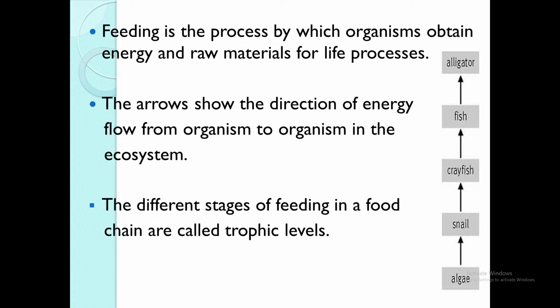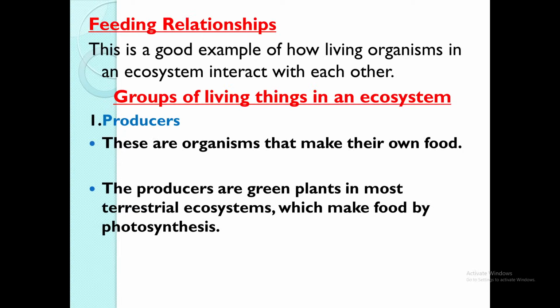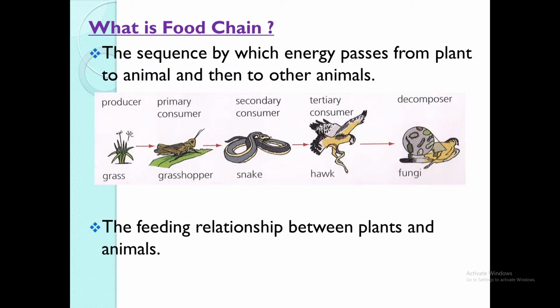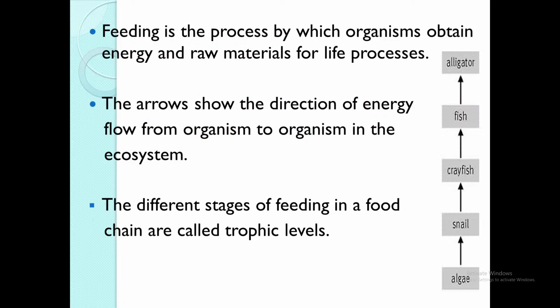So herbivores are normally organisms that eat plants only. In this food chain here, for example, the grasshopper would be the herbivore, because it is the organism that feeds on plants.